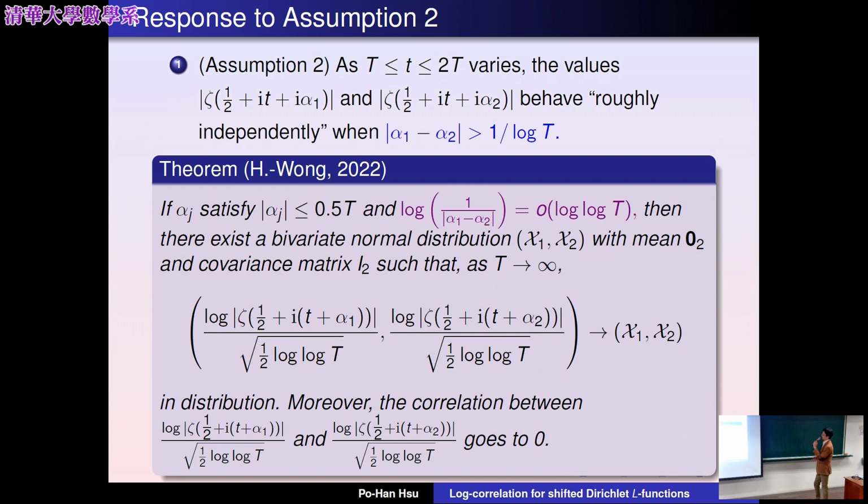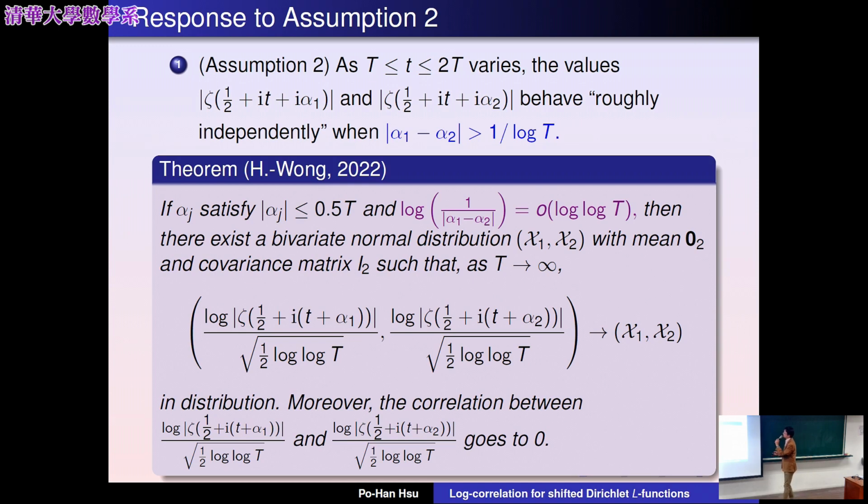You use a comma to make it a vector. Now I'm saying this vector will converge to a bivariate normal random variable in the sense of distribution. And moreover, we can calculate the correlation between these two functions, and the correlation of these two goes to 0. So it will go to an independent bivariate normal distribution.